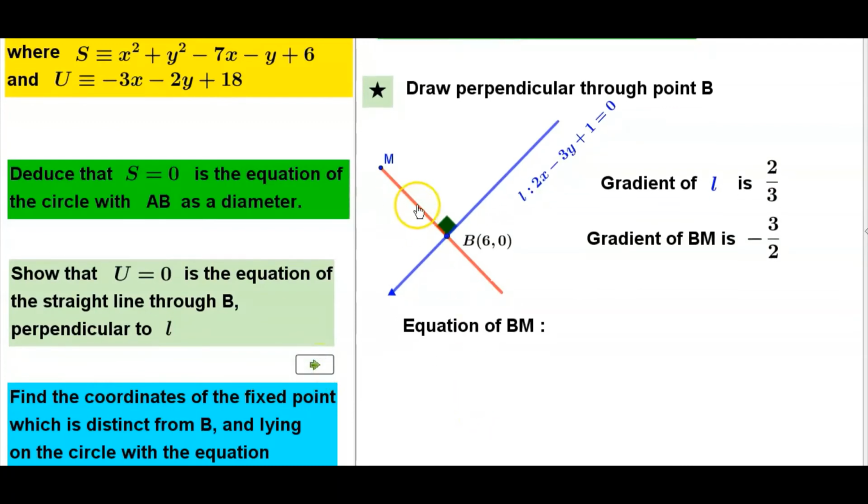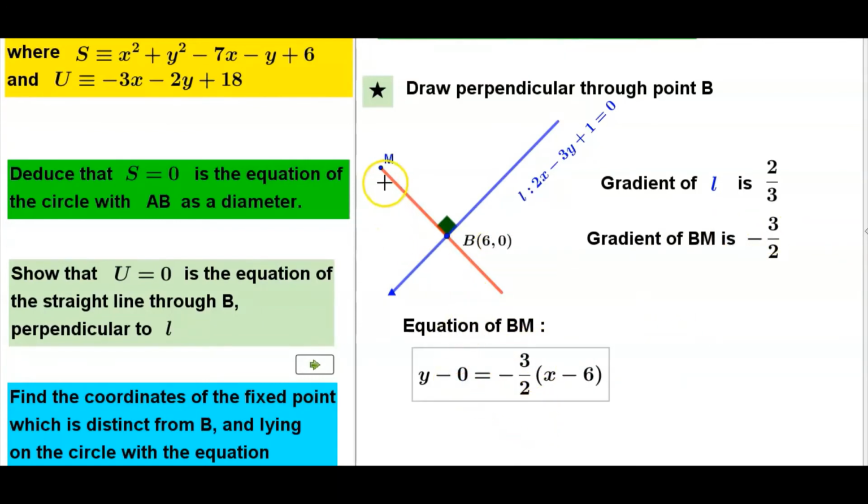Now, the equation of BM. We know the gradient and we know one point on this line, therefore we can find the equation of BM. The equation of BM is y minus 0 is equal to the gradient minus 3/2 into x minus 6.